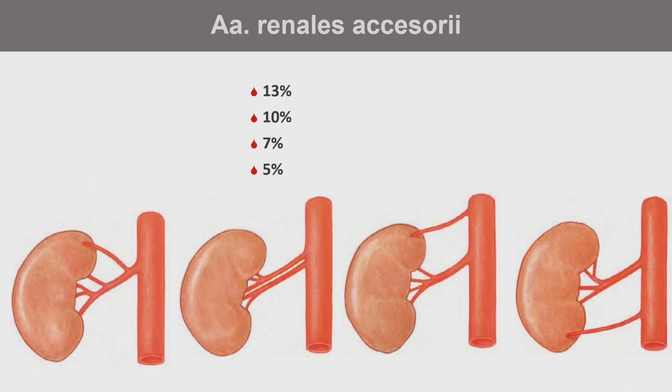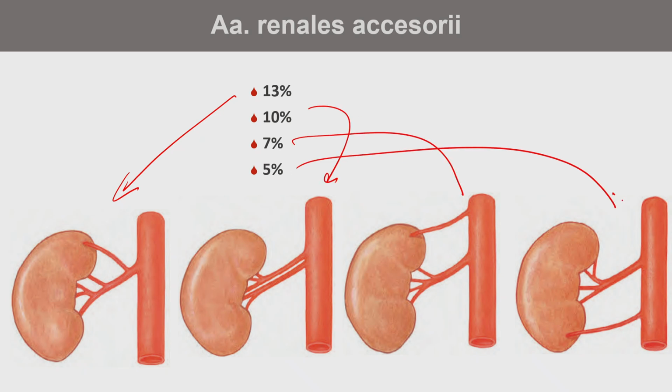Renal arteries are also very, very variable because the kidney in the initial phase is made from many segments. When they are fused together, sometimes vessels remain, not fusing together. This is about 13%, and here about 10%, the pathologies 7 and 5.